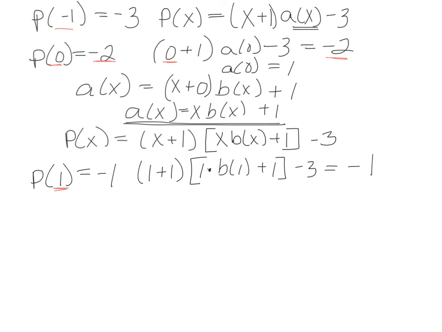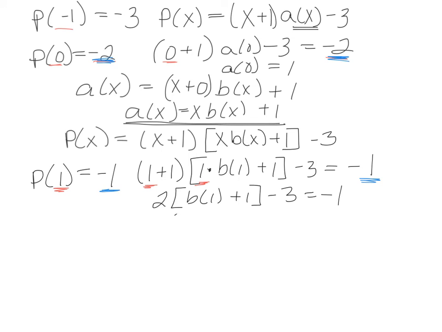So this is what I put in for our x, and this is what I put in over here. Okay, I should color code correctly. There we go. So let's do a little simplifying. 1 plus 1 is 2. B evaluated at 1 plus 1 minus 3 equals -1.